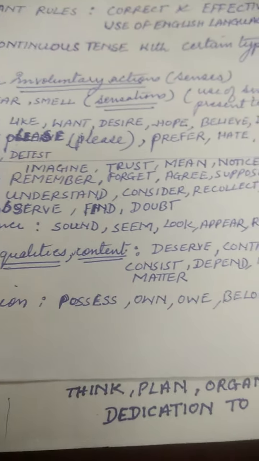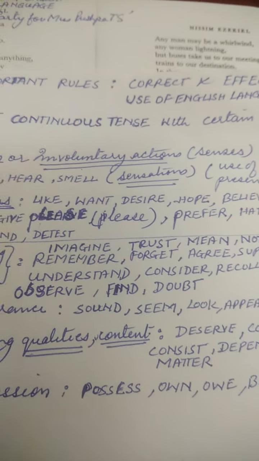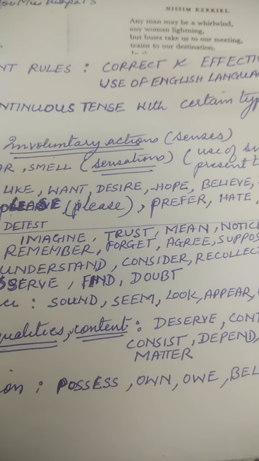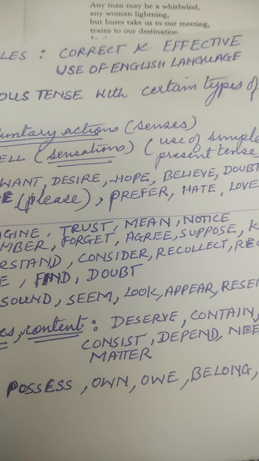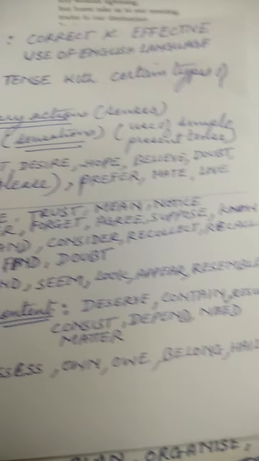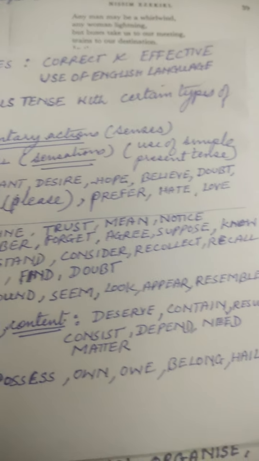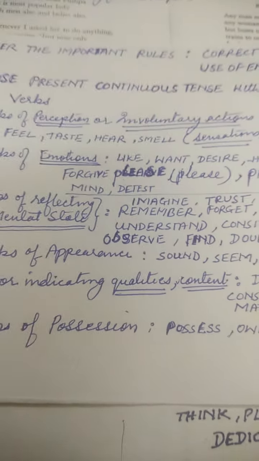In appearance, it sounds that we would meet soon. So sound, and it seems, for instance, look, appear and resemble. It appears that she would attend the meeting. So such kinds of expressions.